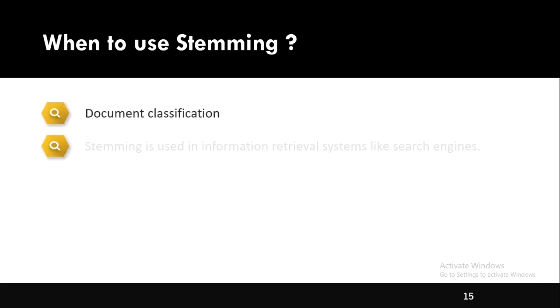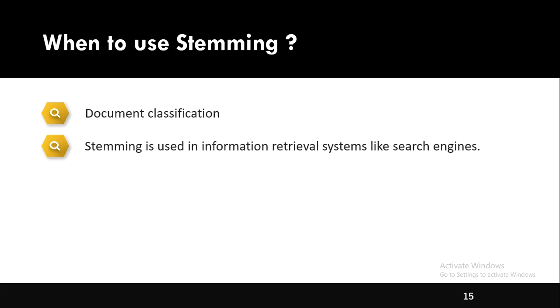We can use stemming to perform document classification. Stemming is used in information retrieval systems like search engines. Suppose we are making a search in Google: we want to find relevant words not only for the exact keyword that we typed in the search bar, but also for the other possible forms of the words we used.